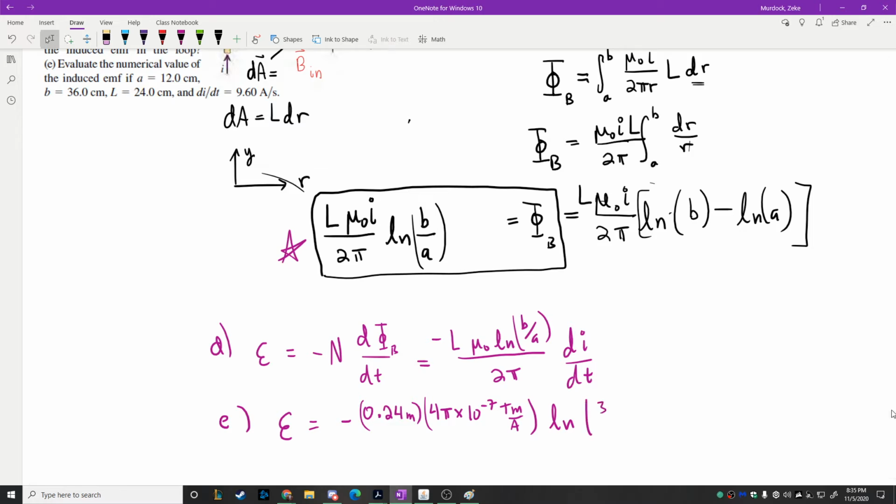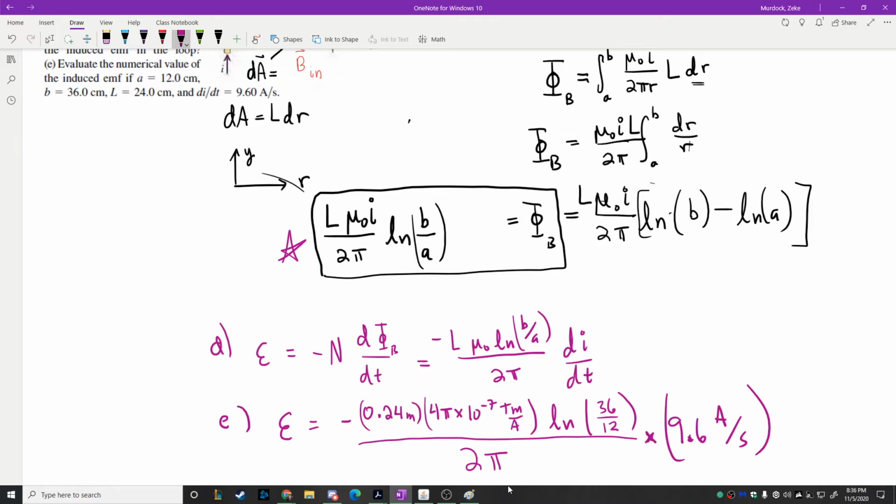We don't really need to use units here or anything because it's a ratio, so the units will automatically cancel out. We divide by 2 pi, and then we multiply by di dt, which is positive 9.6 amps per second. And that's a decimal, and that's a multiplication sign.